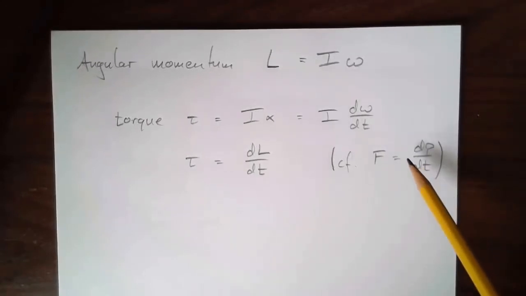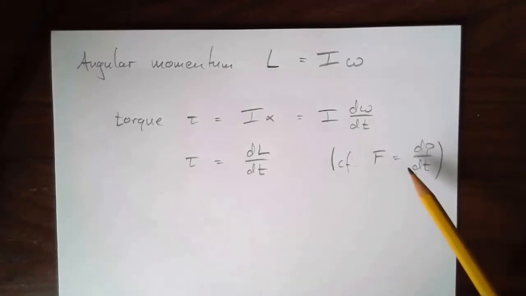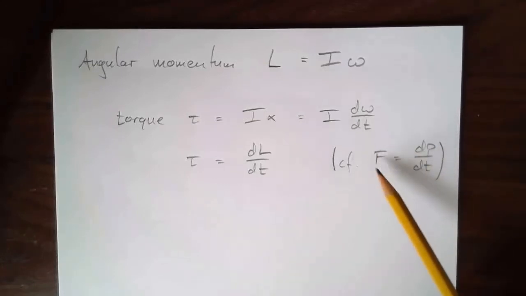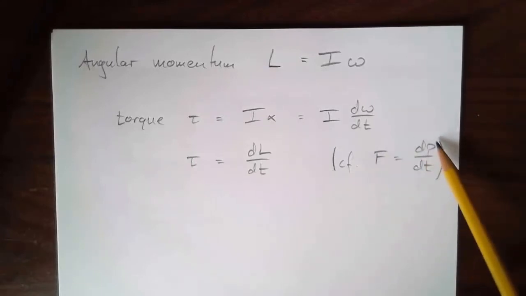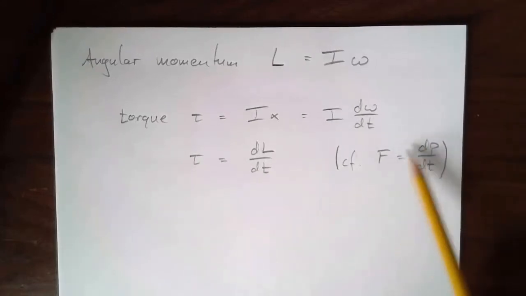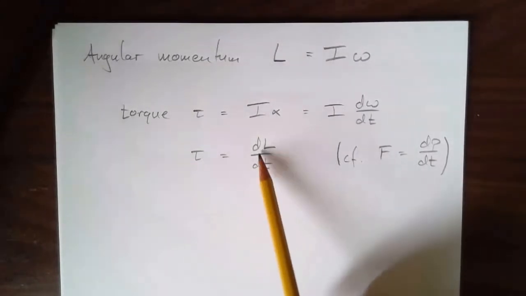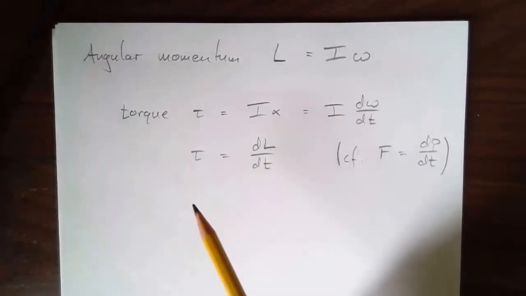For example, if you imagine a sort of continuous collision, maybe wind blowing into a sail or water coming out of a fire hose, you can talk about the force with which you have to hold your fire hose. Well, you calculate it by the rate of change of momentum, but not the velocity changes, it's the amount of mass that's moving, the amount of water per second. You've seen that kind of example before. So torque is the rate of change of angular momentum with time.